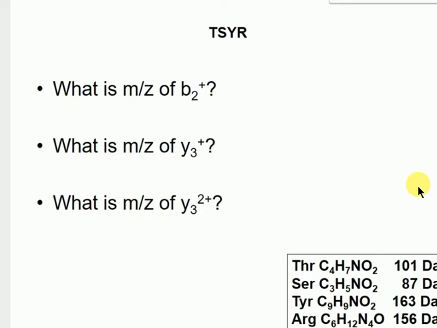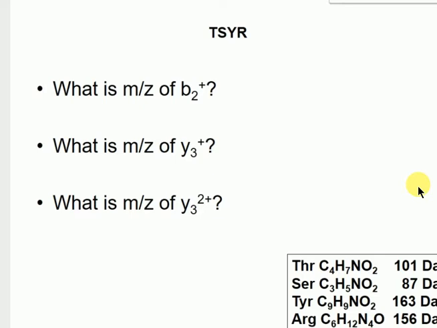We'll just do these. So if you've got this peptide here, threonine, serine, tyrosine, arginine. The B2 fragment would be the fragment that contained the threonine and the serine. So if you're calculating the mass to charge, I've given you the amino acid residue masses here.